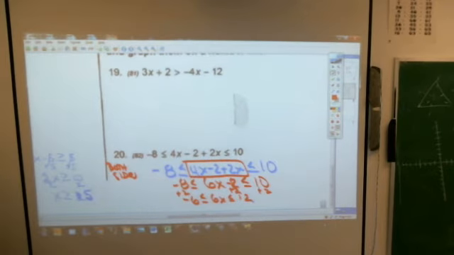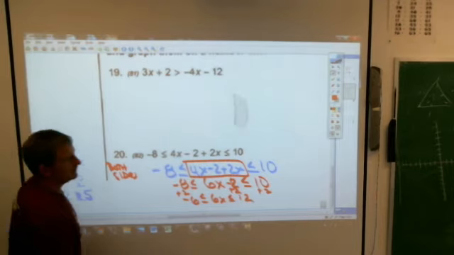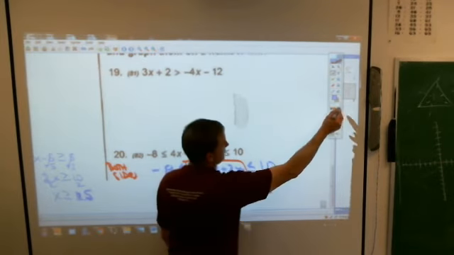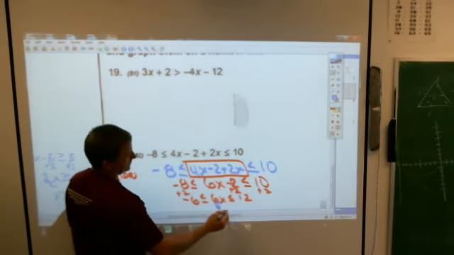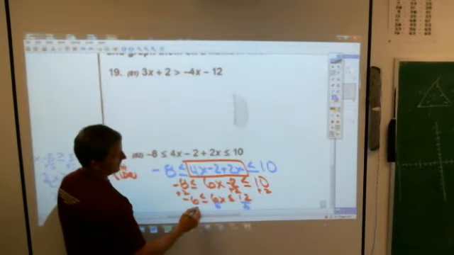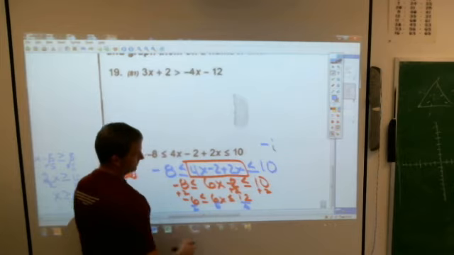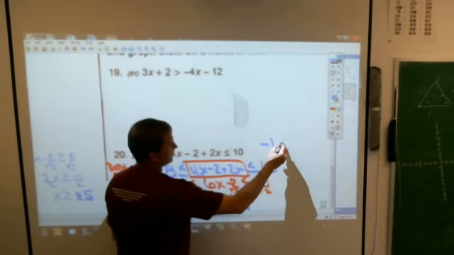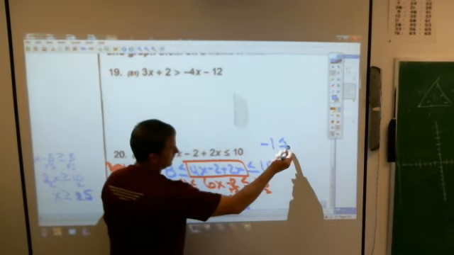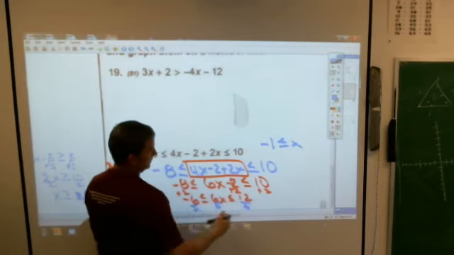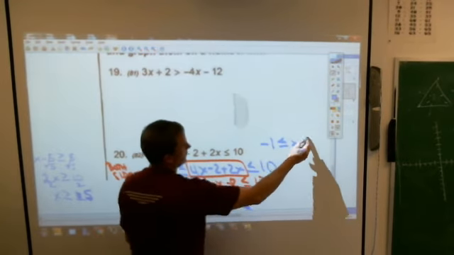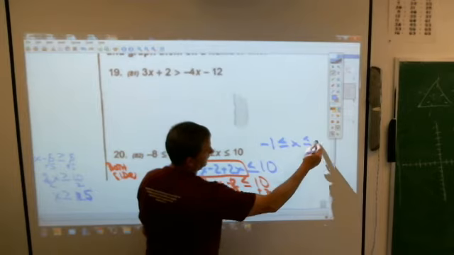And then to get x by itself, I need to divide by 6. But I need to divide everything, both sides, by 6. So you end up with that negative 1 over there. You still have the less than or equal sign. You end up with the x in the middle and a 2 at the other side.